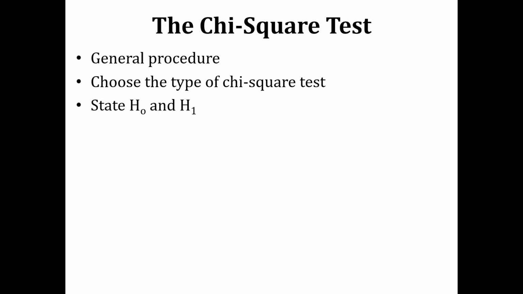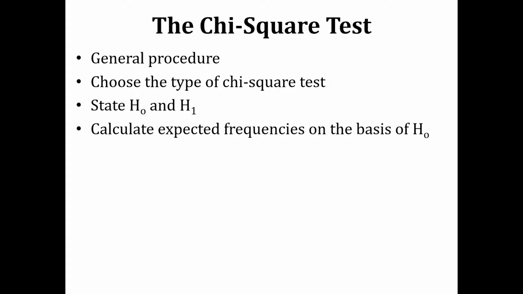And then you have to state the statistical null hypothesis and alternate hypothesis for your statistical test. Then you have to calculate the expected frequencies on the basis of the null hypothesis, because you already have your observed frequencies on the basis of the experiment, on the basis of the sampling that you did. So now you have to calculate the expected frequencies under the null hypothesis that you have proposed.